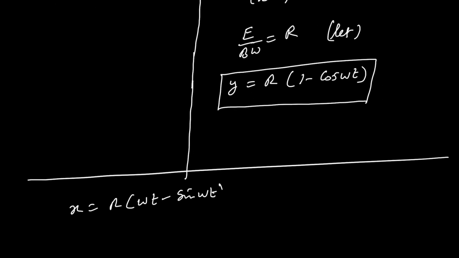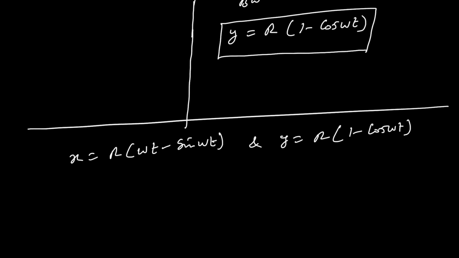Basically omega t is some angle, some theta, and y is equal to r into (1 minus cos omega t). So these are x and y, and if these are x and y, we'll get the equation of a cycloid.